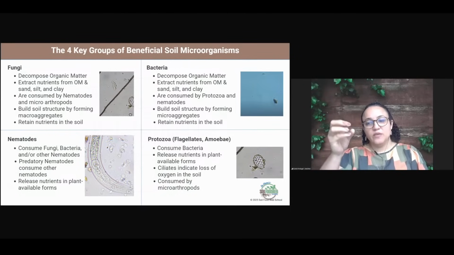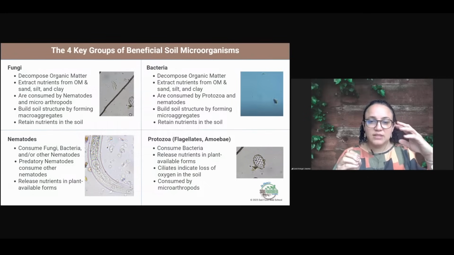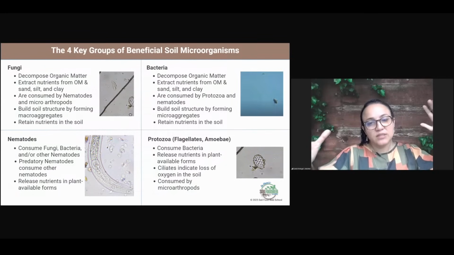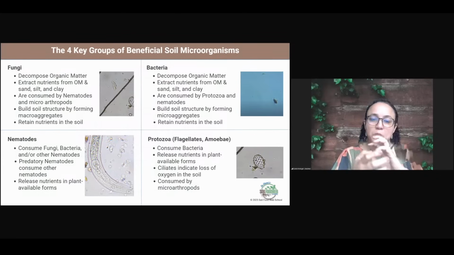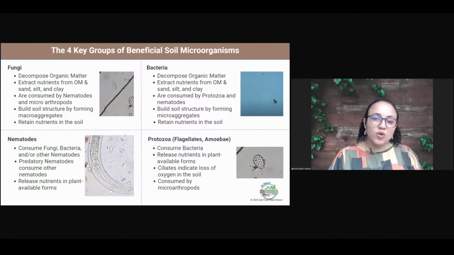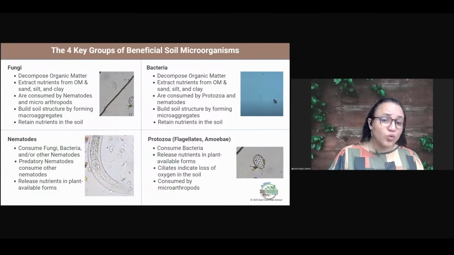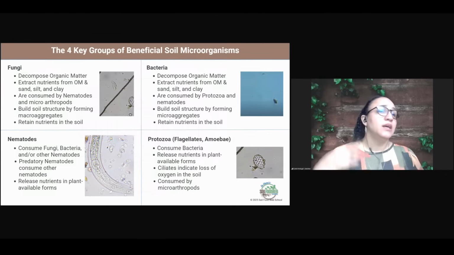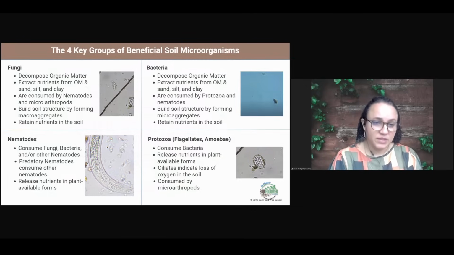So we have the bacteria organizing the microaggregates, and as the fungi enter the system with their hyper expansions, they will start to combine these microaggregates into macroaggregates, creating even bigger spaces and more structure in the soil, allowing better water infiltration, a better niche to have all the other predators that we need in a healthy system, including macroarthropods, worms, and all the other beautiful creatures we need in a healthy system.